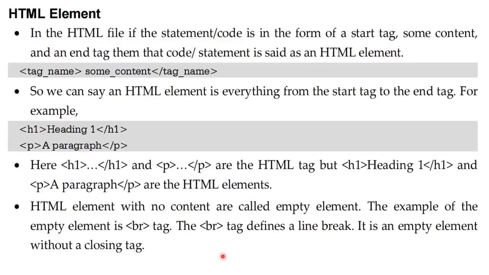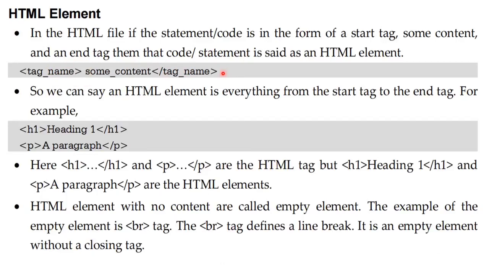Next comes your HTML elements. So what are all these HTML elements, tags, attributes, and all that? In an HTML file, if the code is in the form of a start tag, then some content, and your end tag, then that is said to be your HTML element.